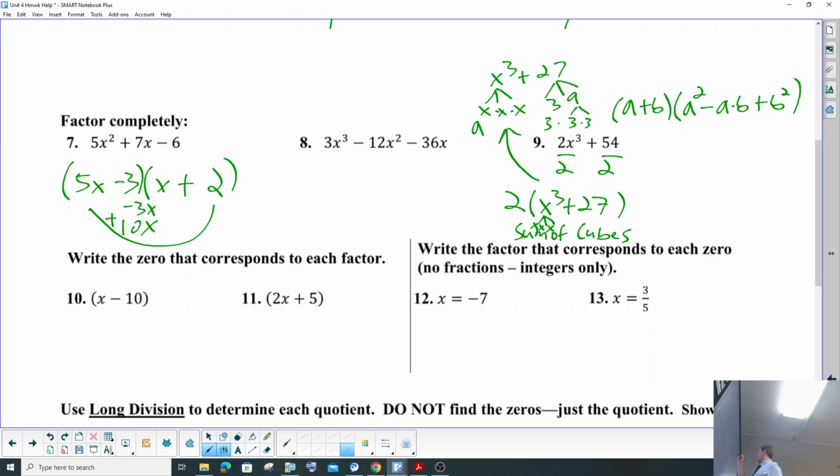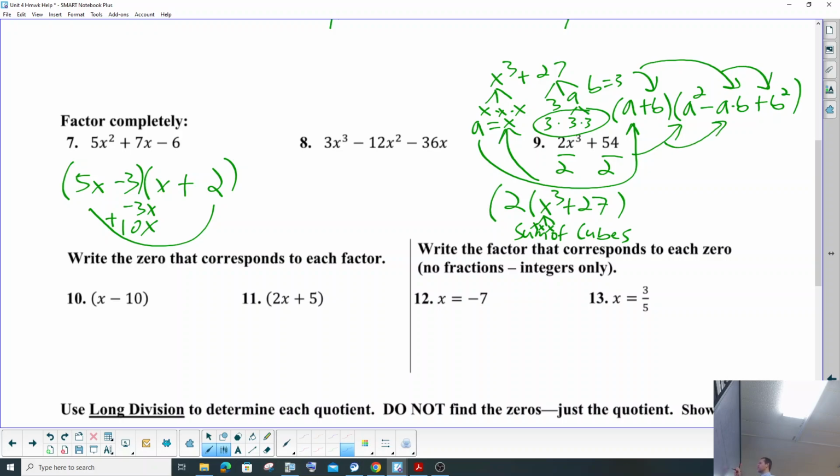So wherever you see an A in our formula, you're going to plug in an x, and wherever you see a B, you're going to plug in a 3. So let's plug that in.